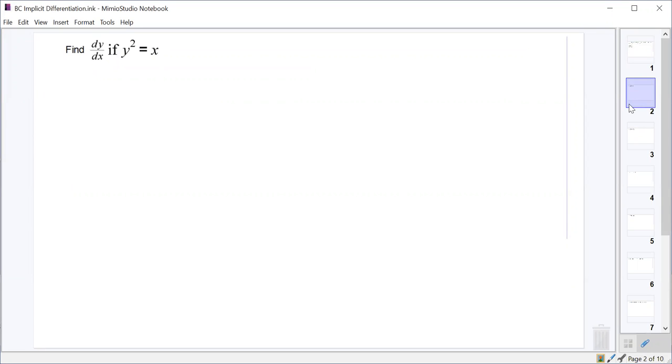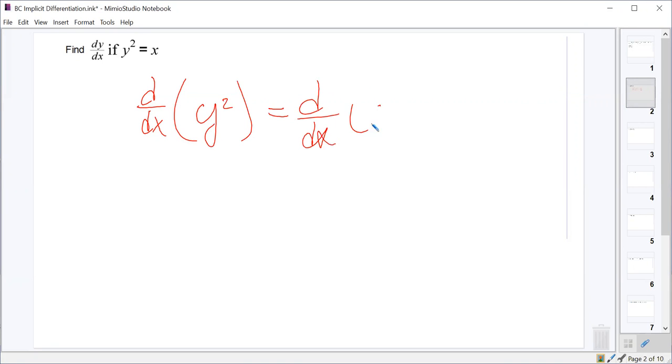y squared equals x. So first, get the derivative with respect to x of both sides. On the right-hand side, what's the derivative of x with respect to x?